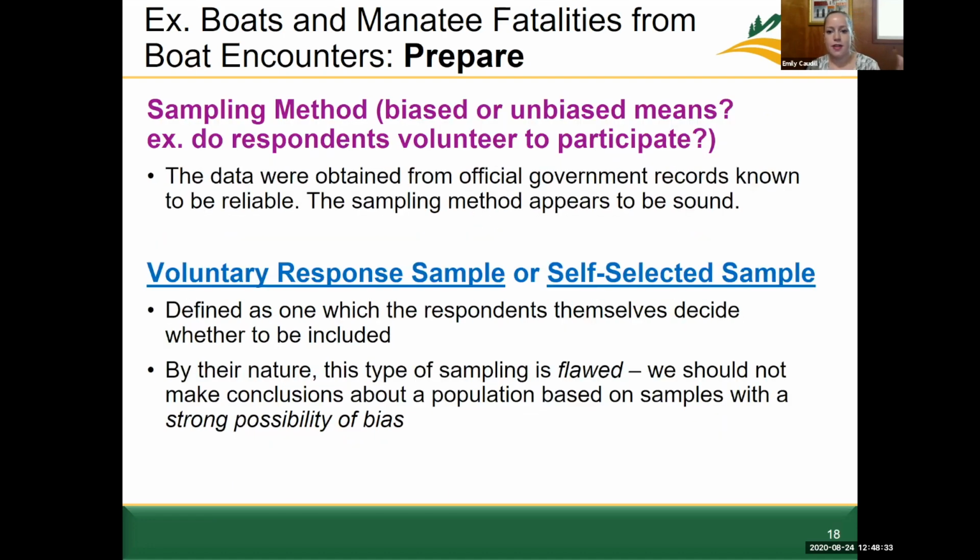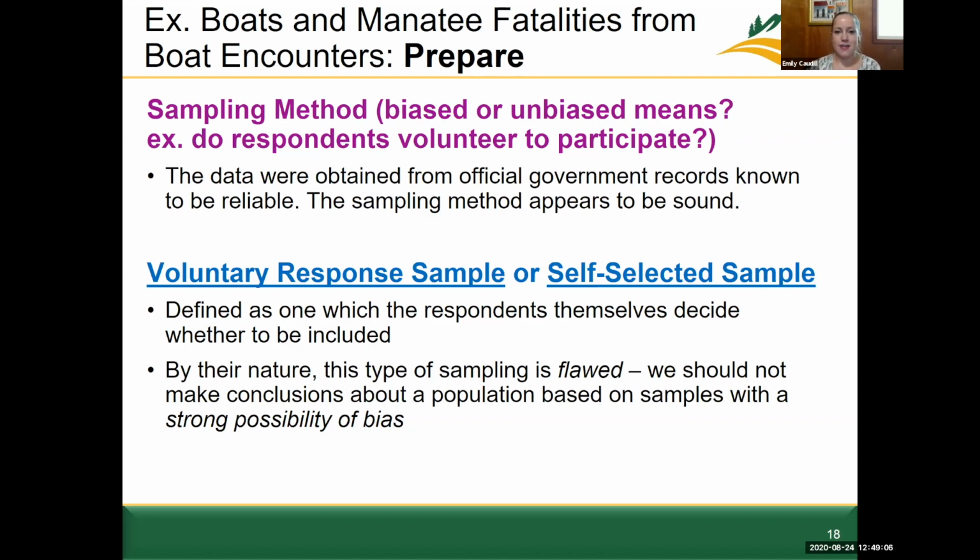One more part of this, we're still in prepare. So voluntary response sample, or a self-selected sample, is defined as one in which the respondents themselves decide whether to be included. So if the respondents are deciding if they want to be included in the survey, that type of sampling is flawed, right? So I can decide personally if I want that data point from when I was riding a pleasure boat and something happened to a manatee, which is just a hypothetical scenario.